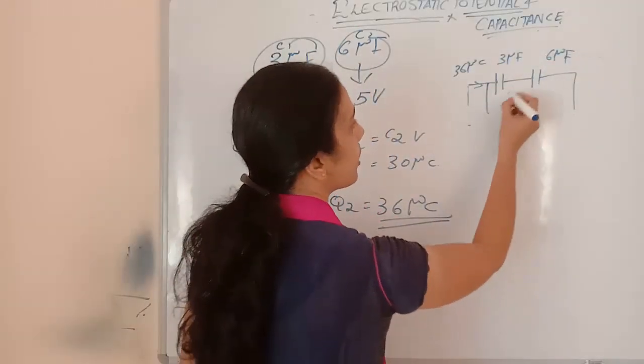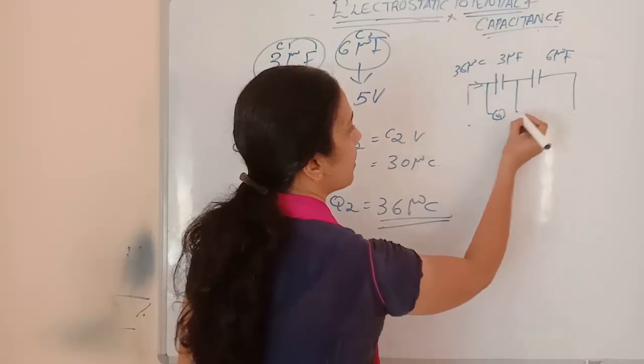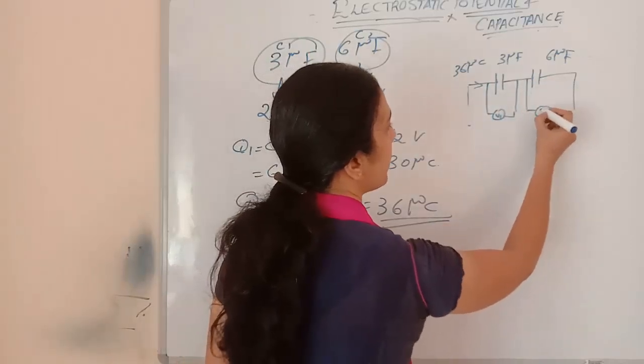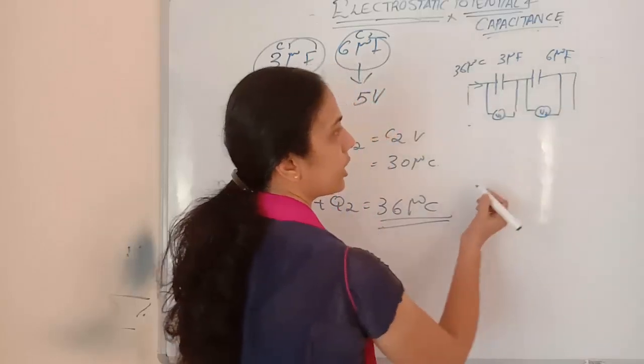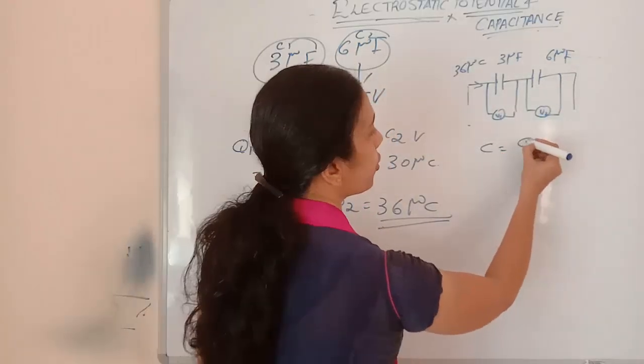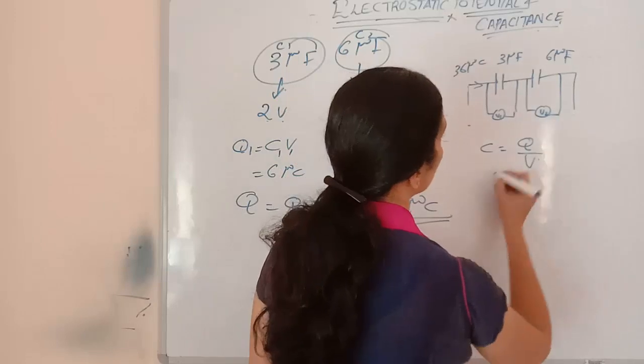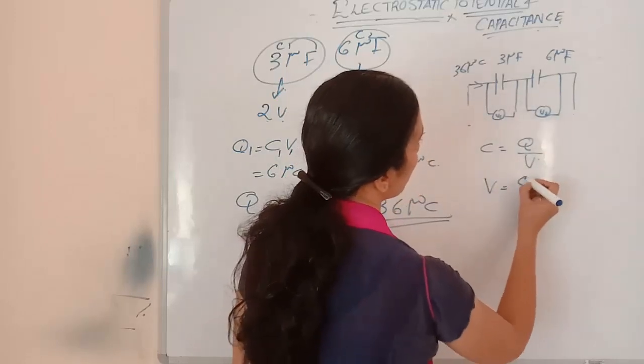So what will be the potential here? V1 and V2 after connection, that we need to find out. C equals Q by V, so V equals Q by C.